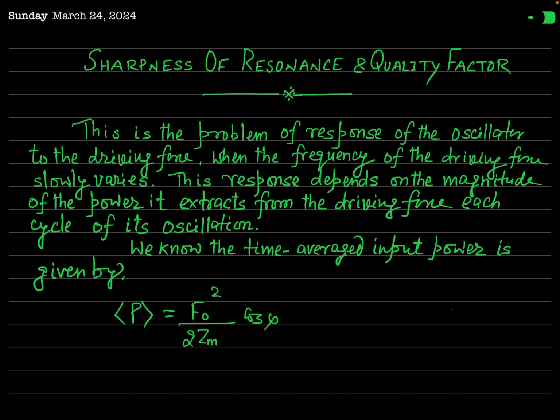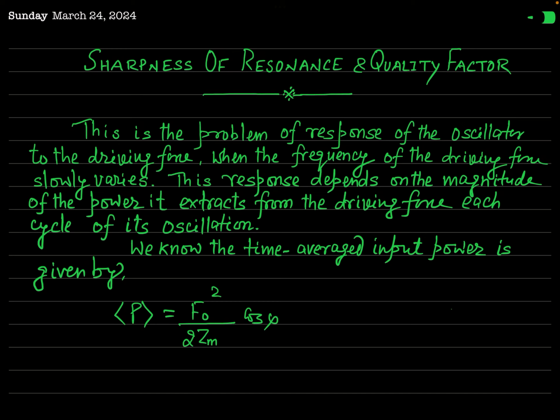And as I have told you earlier, sharpness of resonance depends on two factors. The first one is the applied frequency, that is the frequency of the applied driving force, and another is the resistive constant or the damping coefficient. When you talk about sharpness of resonance, what does it mean?